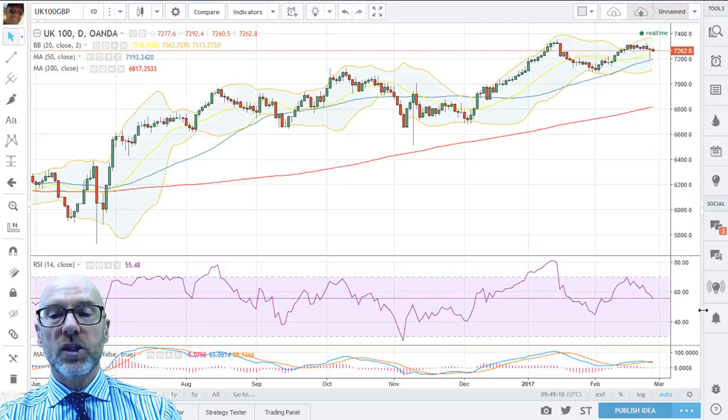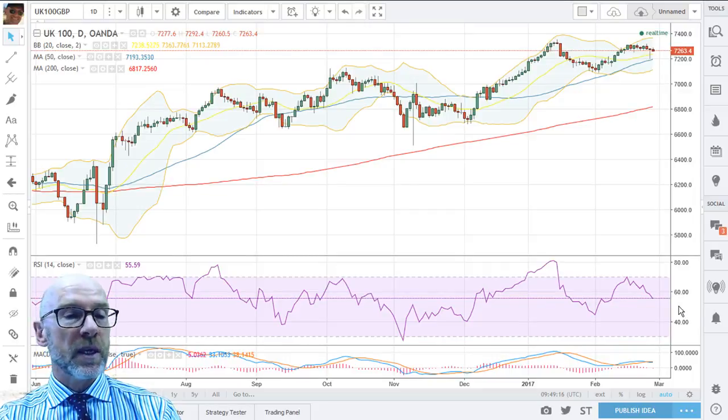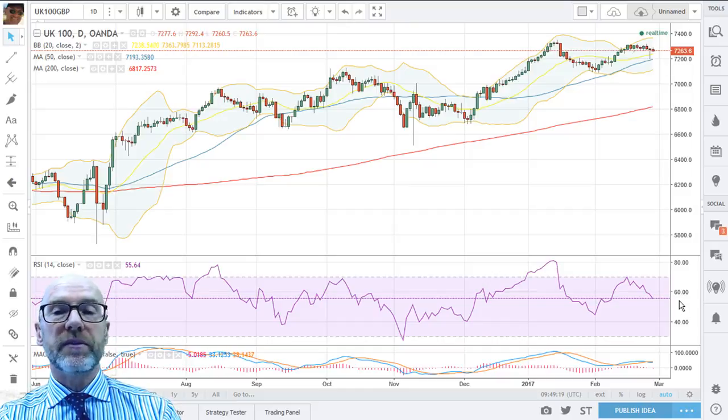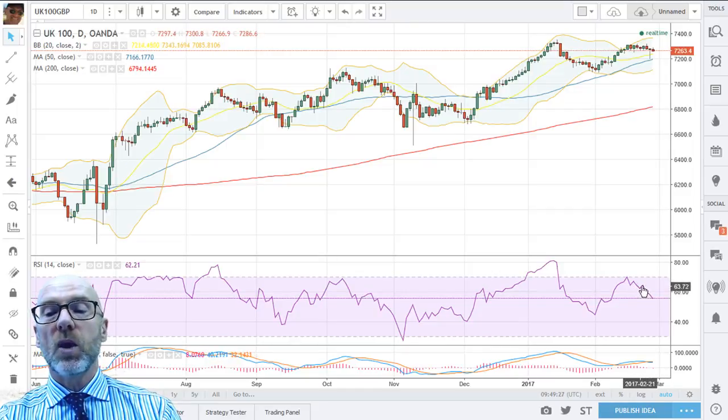And this is also confirmed, showing starting to see an increase in downside momentum from the RSI, which, although still above 50, so still showing positive, has rolled and has shown these continual patterns of lower highs. So problems coming there from the RSI.